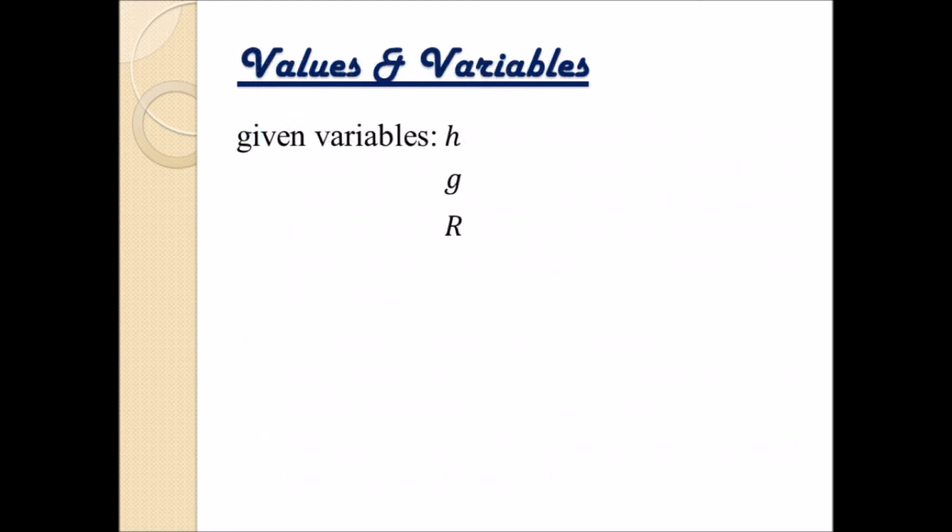So the variables h, g and r are considered to be given for the first part. Of course, we know that g, the gravitational acceleration on the surface of Earth, is assumed to be 9.81 meters per second squared, and the radius is given as 6,378 kilometers.